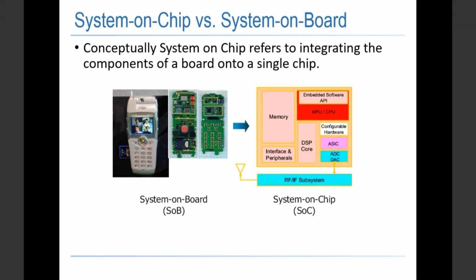You have the CPU, and then maybe the digital signal processing, audio receivers, cameras, etc. All not inside the same chip. But today, all of these things, such as memory, interface, peripherals, DSP core, and RF and IF subsystems, are already embedded inside a single chip.